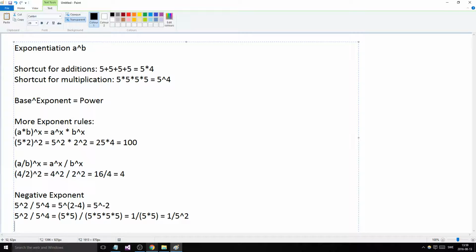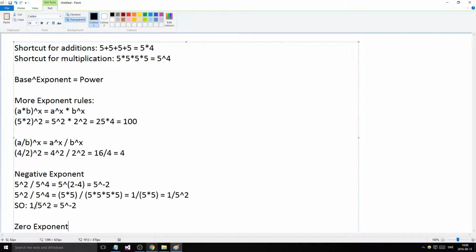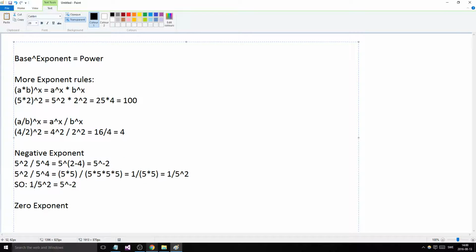So in the end, 5 to the power of minus 2 equals 1 divided by 5 to the power of 2. Okay, so this is a way to rewrite. You can write a negative exponent as a positive exponent as long as you do 1 divided by that. That's really important to know. You're going to be using this a lot. So remember this rule.